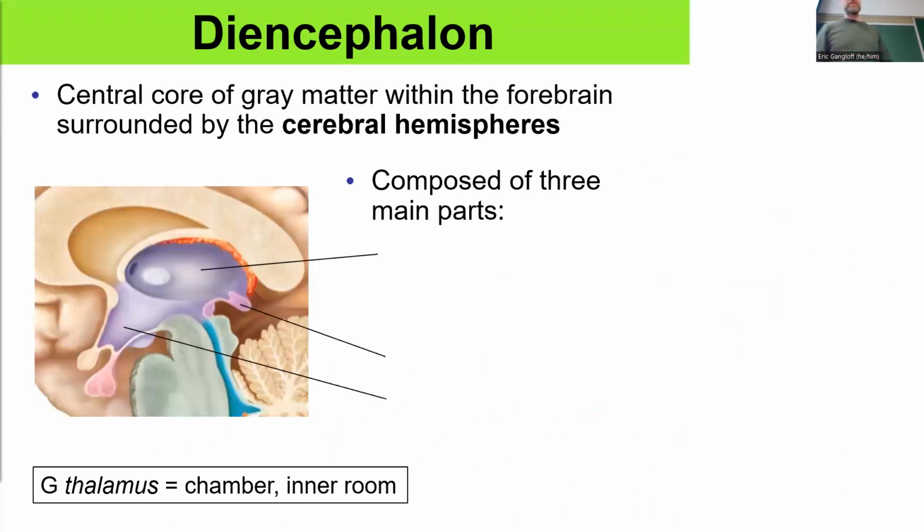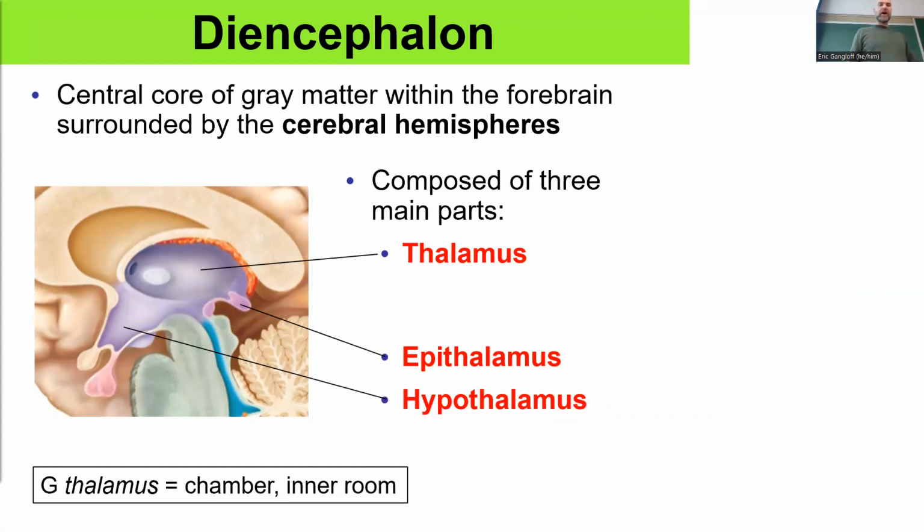So it's basically completely surrounded by the cerebral hemispheres. And there's three parts: the thalamus, which you see big in purple here, the epithalamus, which is this little protrusion off the posterior inferior part of the thalamus, and then we have the hypothalamus, which comes off the anterior inferior portion of the thalamus. So three parts of the diencephalon.